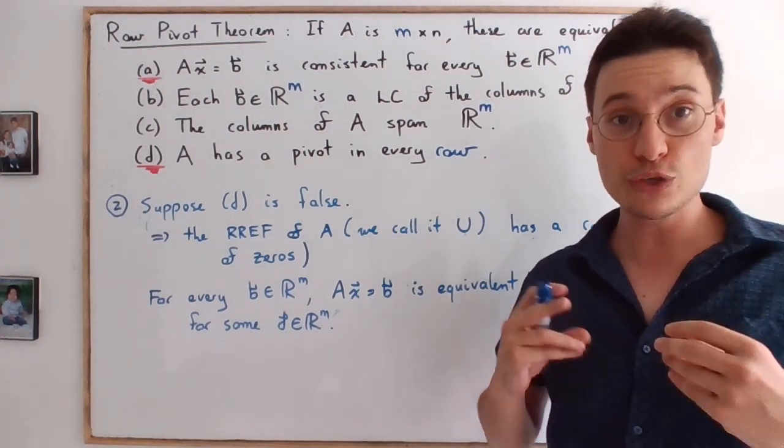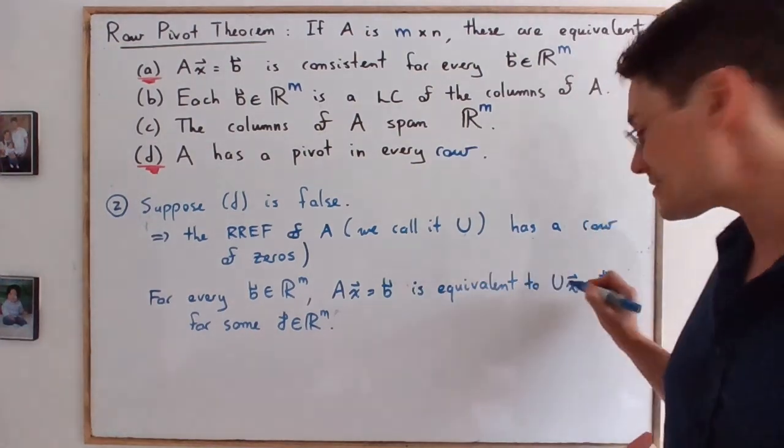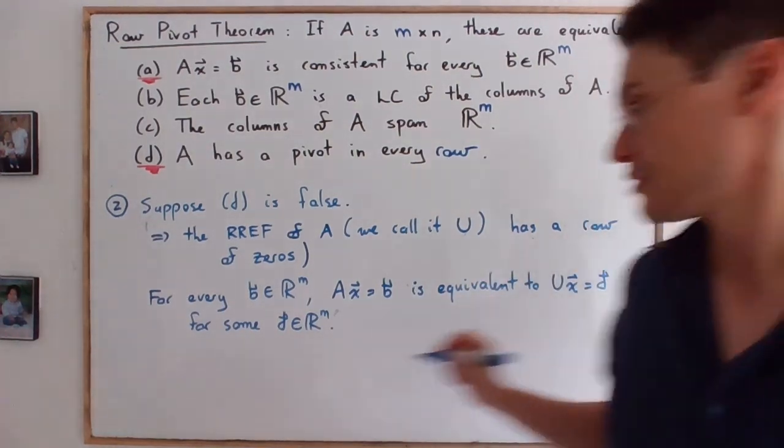So now what we're going to do is construct a vector D that makes the second system inconsistent.